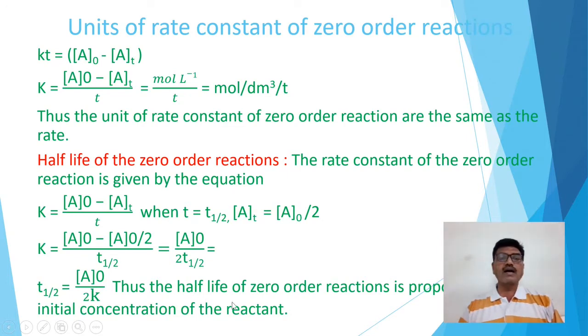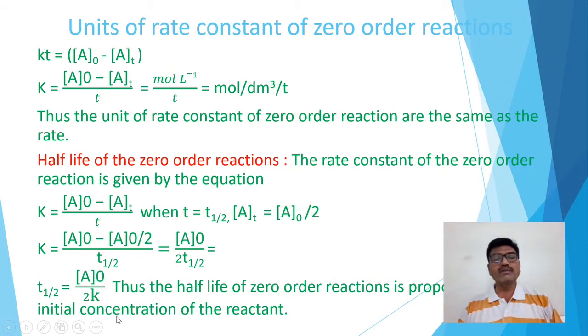Thus, half-life of zero-order reaction is proportional to the initial concentration of the reactant. So this is important. We have seen the relationship between t half and k for the zero-order reaction. The half-life of zero-order reaction is proportional to the initial concentration of the reactant.